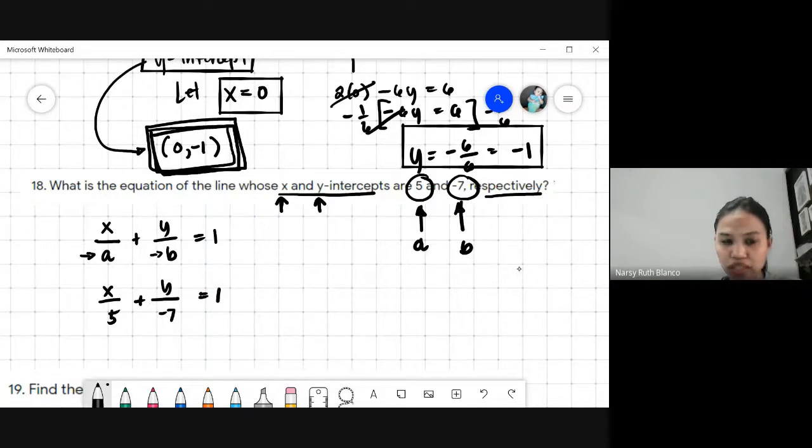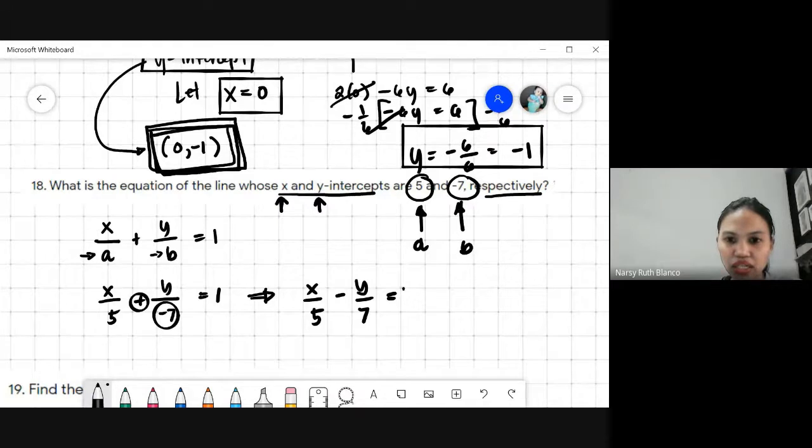Copy equals 1. So, now we have to find their LCD so that we can write them as one expression. By the way, we can change this. Pwedeng hindi na tayo magdo-double signs dyan. Pwede natin siyang gawing x over 5 minus y over 7. Parehas lang yan. Kasi plus, negative, that will become minus.